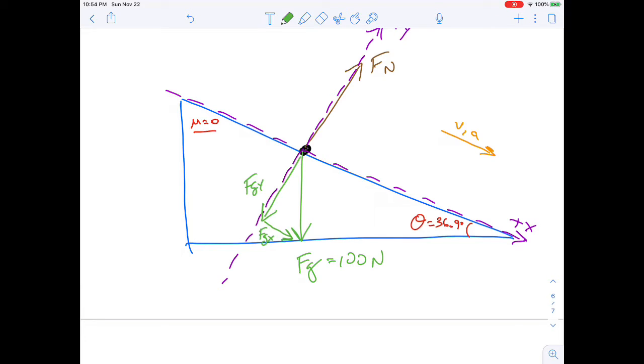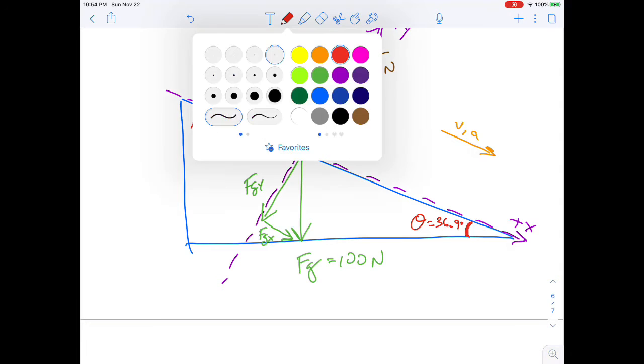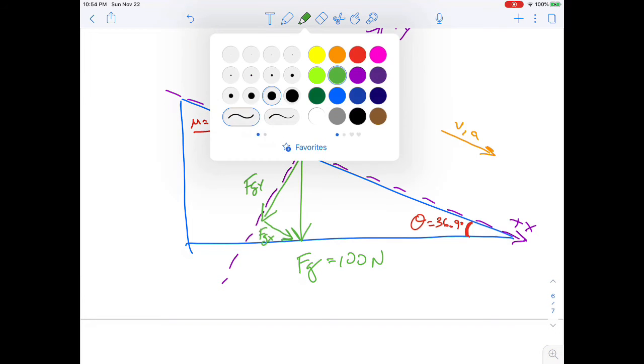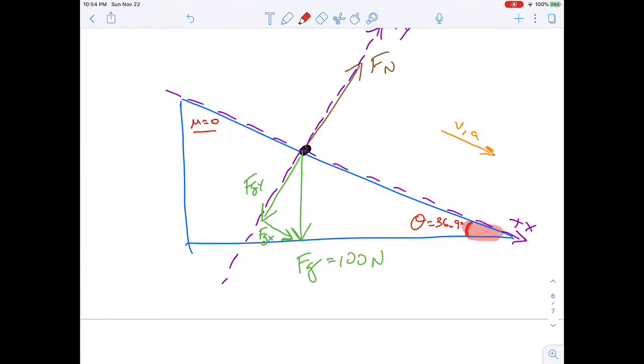Now, I'm also going to tell you through similar triangles, and you can believe me or not, but if you're good at geometry, the angle of the ramp is the same as the angle inside this triangle with the gravitation.